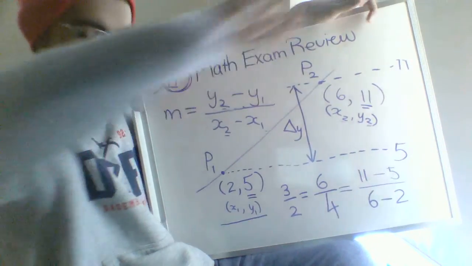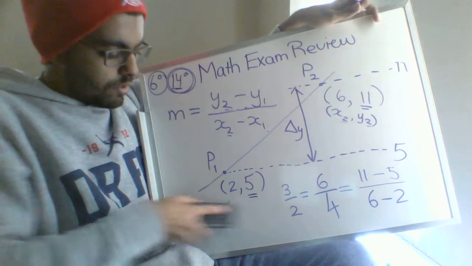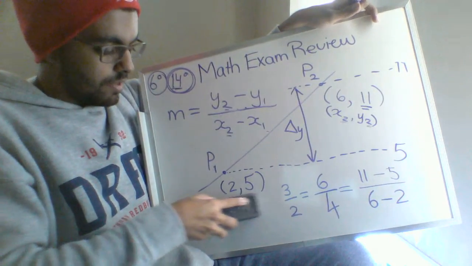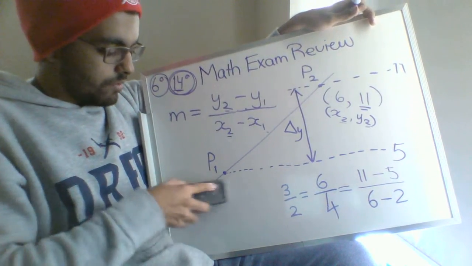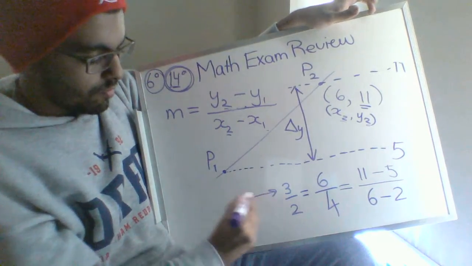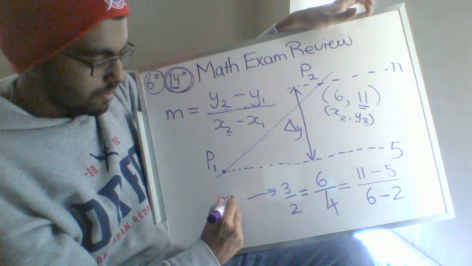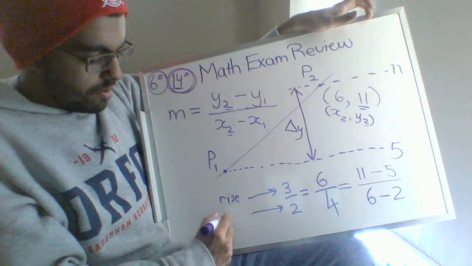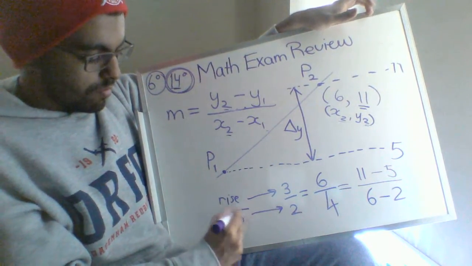Now what does this 3 over 2 mean? The other way you can think of it is as rise over run.